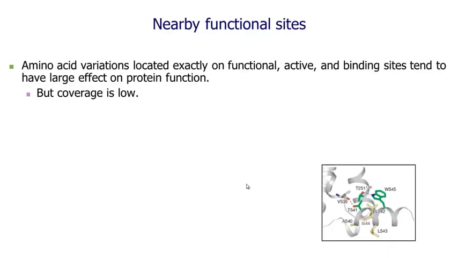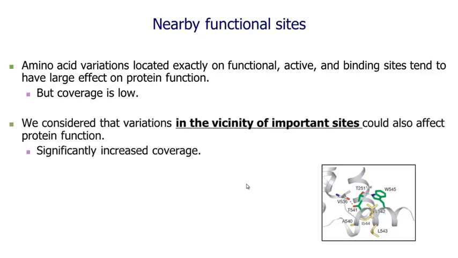Another intuitive and useful feature we define in SAPRED is called nearby functional sites. Amino acid variations located exactly on functional, active, and binding sites tend to have large effects on protein function. However, these sites are few and far in between, and thus the coverage of this feature is low.